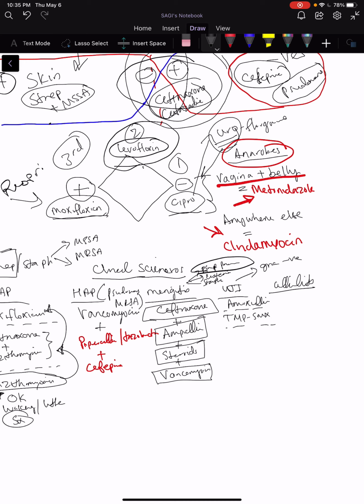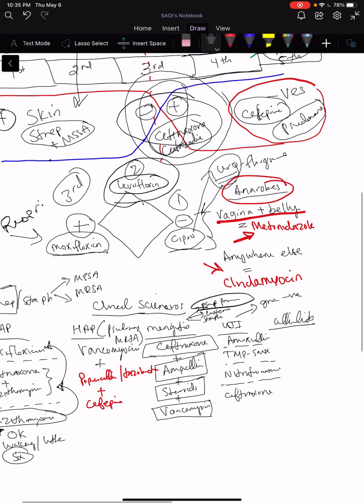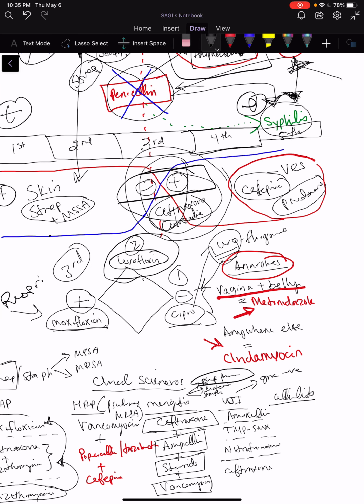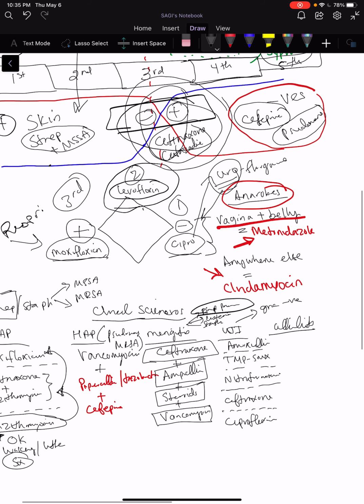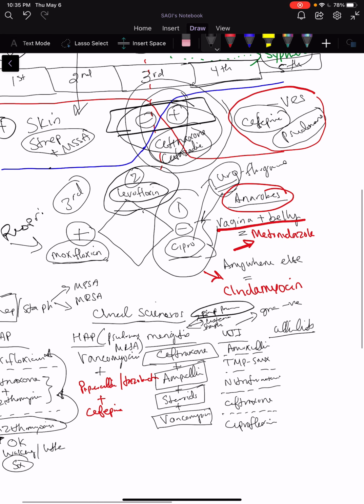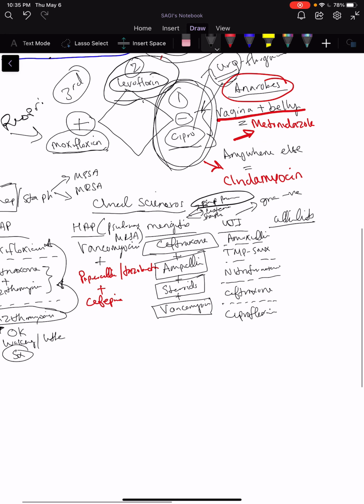You can also use nitrofurantoin. You can also use ceftriaxone. Remember, we talked about ceftriaxone's coverage. I'm sorry, this is starting to get very messy. You can also use ciprofloxacin. We talked about ciprofloxacin being a gram-negative cover.